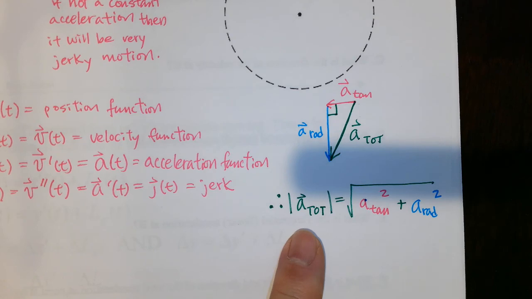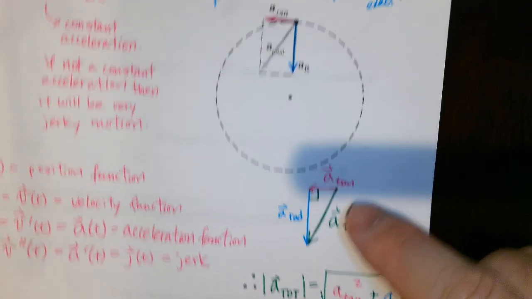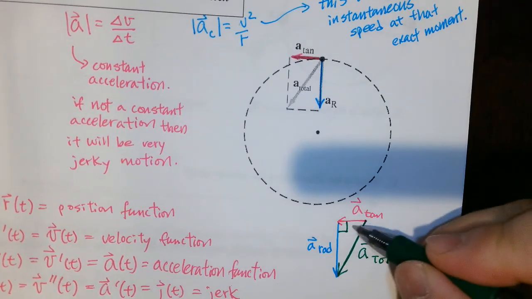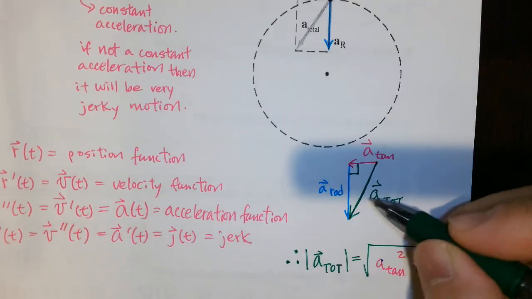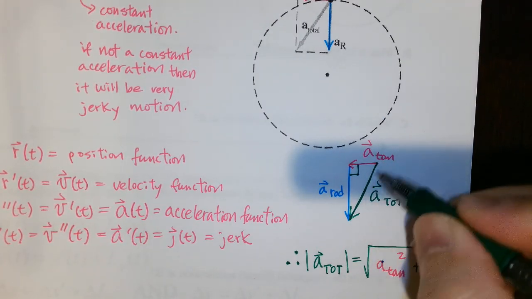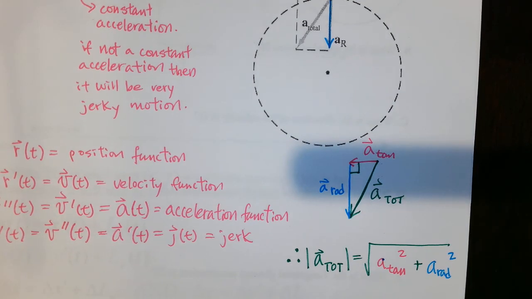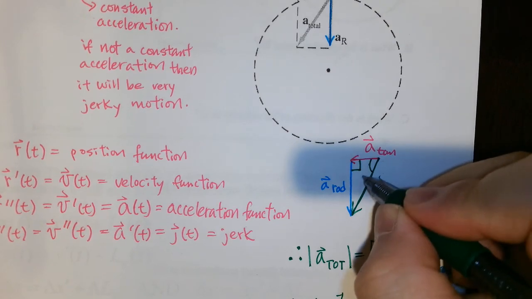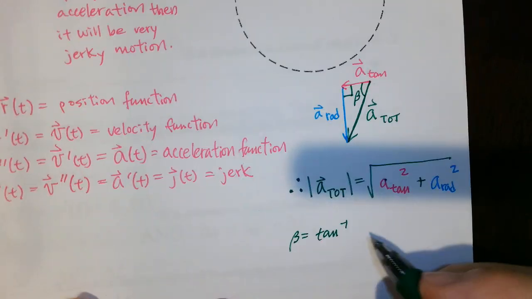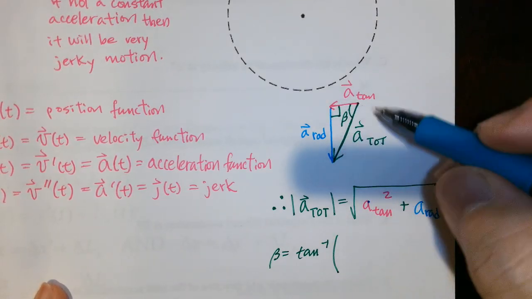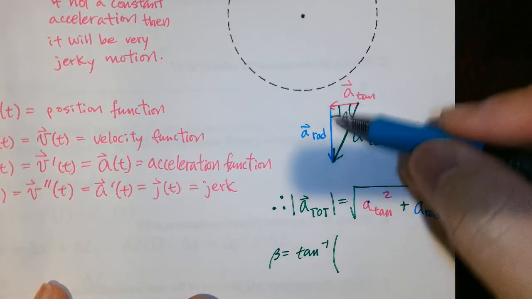Direction would have to be standard direction. In this particular case, this would be the beta, and since this is pointing in the third quadrant, beta is equal to tan inverse of opposite, in this case this is the opposite right here.